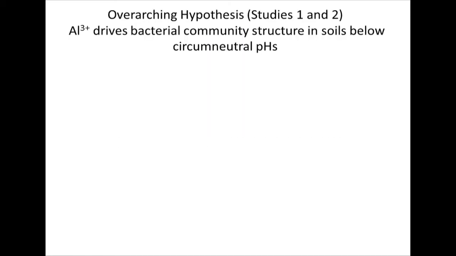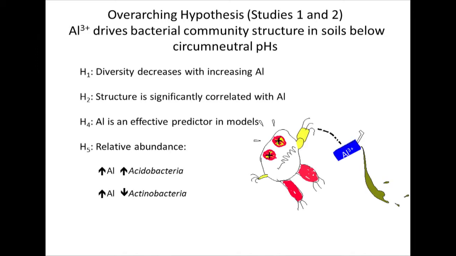Okay, so the overarching hypothesis of the talk, at least for two of the studies, is that aluminum 3+ drives bacterial community structure in soils below circumneutral pHs. I have a series of sub-hypotheses, and these dovetail with the patterns that we've already witnessed between pH and community structure.